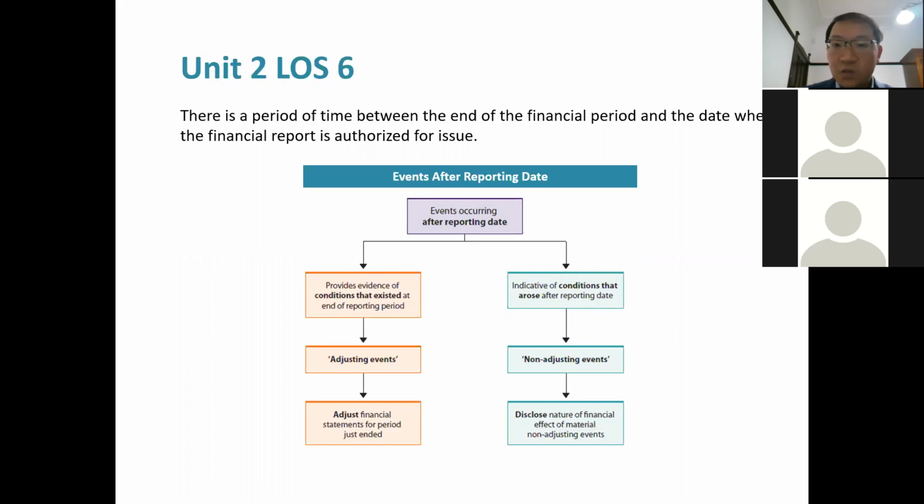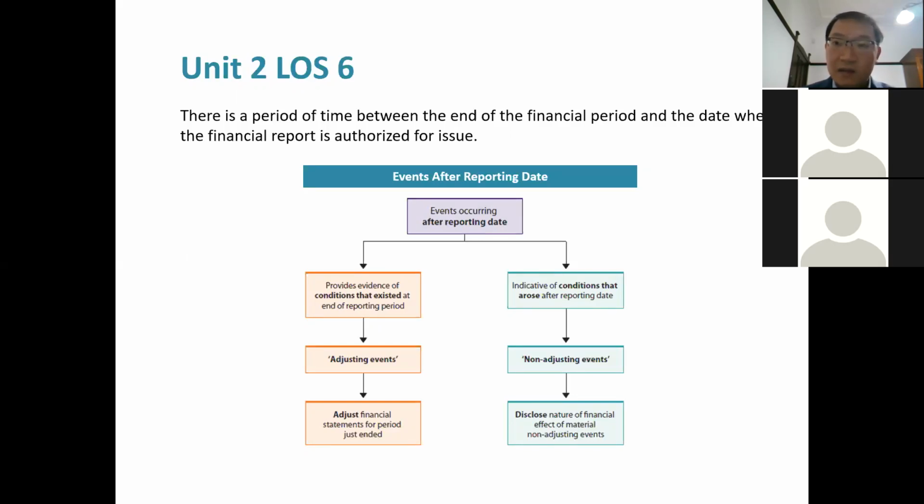An adjusting event is where the information you receive provides evidence for conditions or facts that existed at or before the end of the reporting period. Non-adjusting events are information of conditions that occurred after the reporting date.